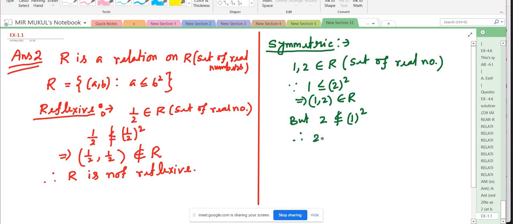Therefore, (2, 1) does not belong to R. So we can say that R is not symmetric.